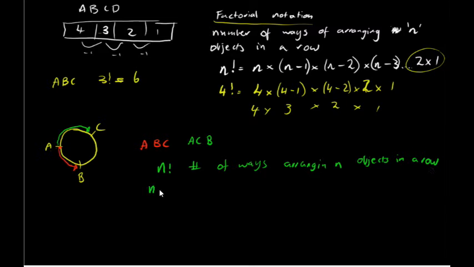However, n minus 1 factorial is the number of ways of arranging n objects in a circle.